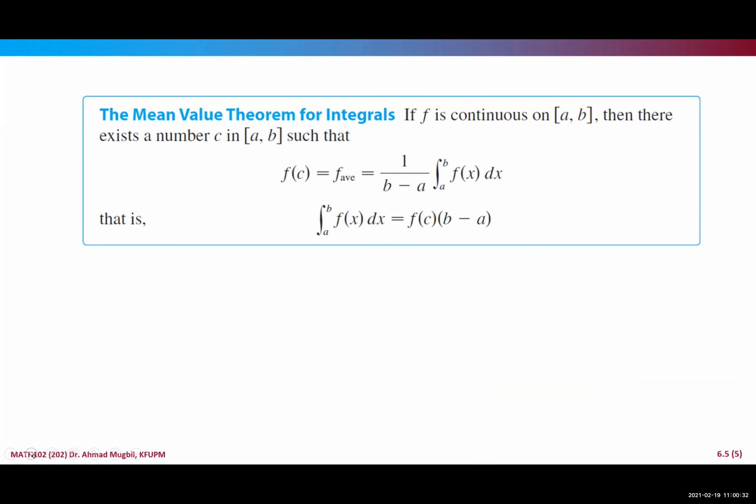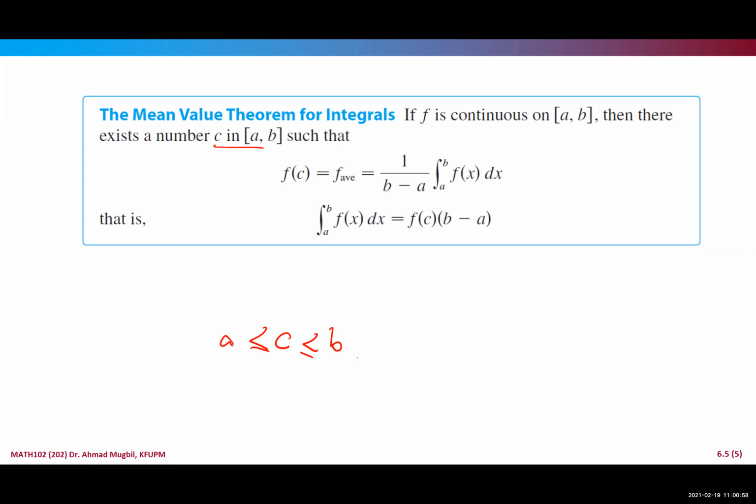As a result of the average value, we have the mean value theorem for integrals. It is quite similar to the one that we had for derivatives, if you remember, in MATH101. So if the function f is continuous over a closed interval, the continuity will guarantee the integrability. Then there exists a number c in this interval between a and b.